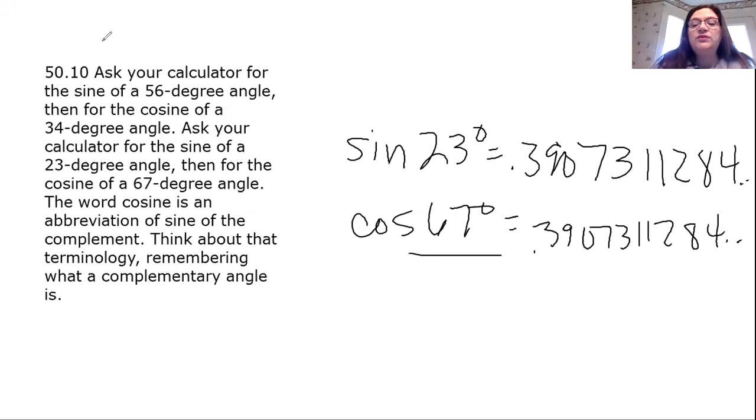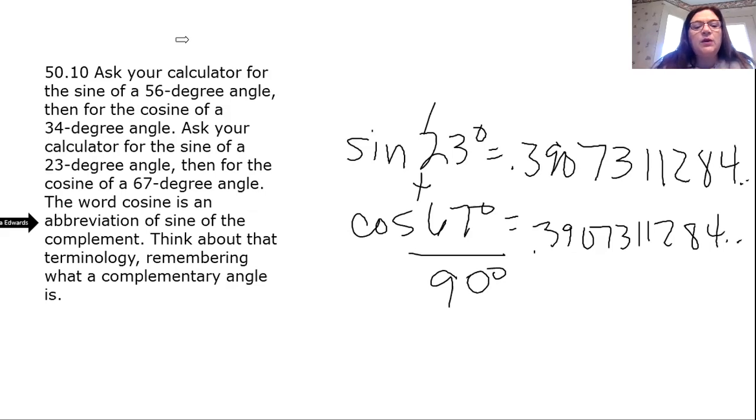It's exact. And what do these two angles have in common? If I add them together, carry the 1, they are complementary. So complementary angles, you can use the sine of one and the cosine of the other. You'll get the same answer every time. And in fact, right here, the abbreviation of sine and complement, cosine, complement of the sine.